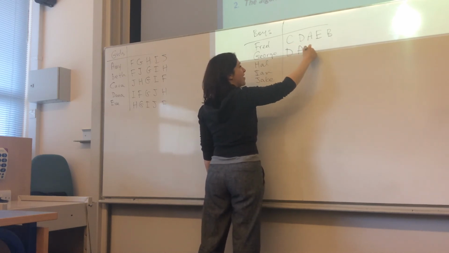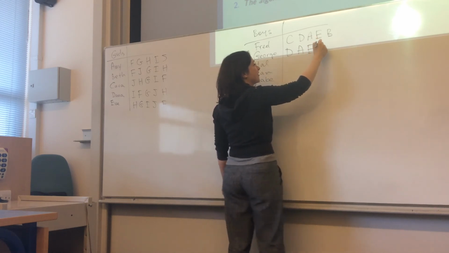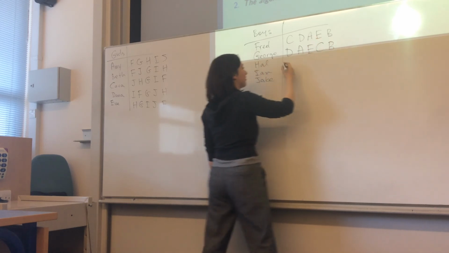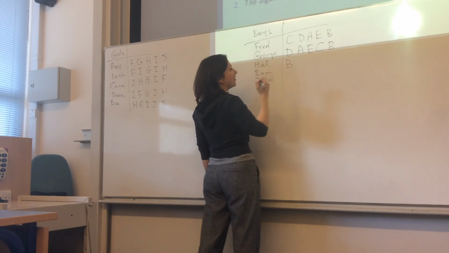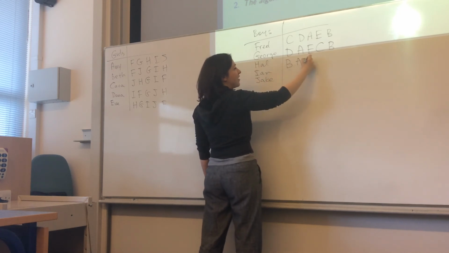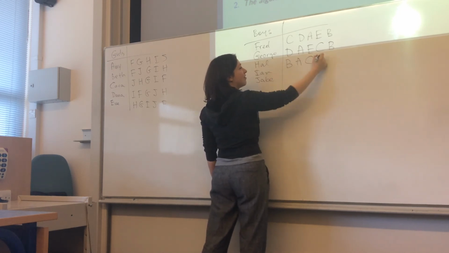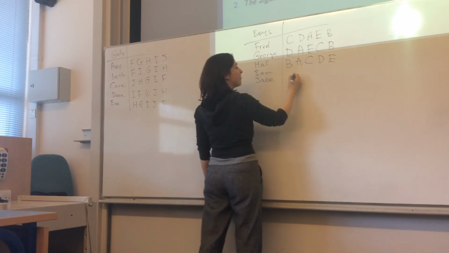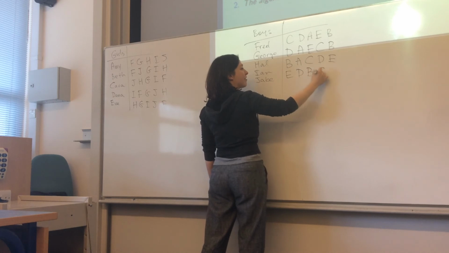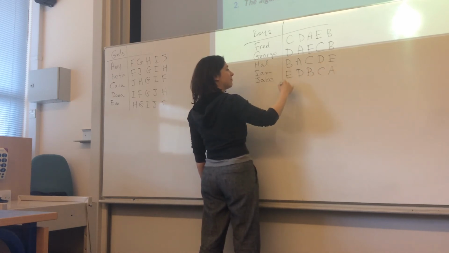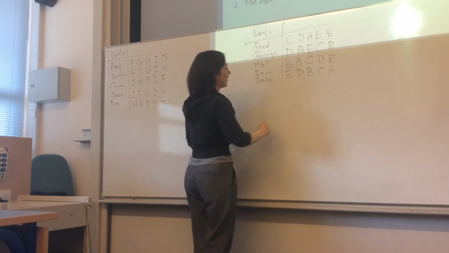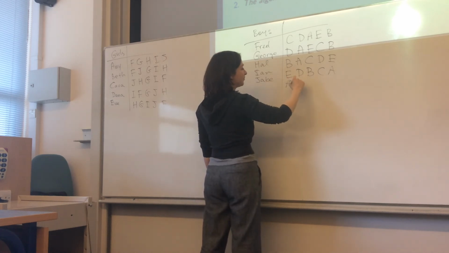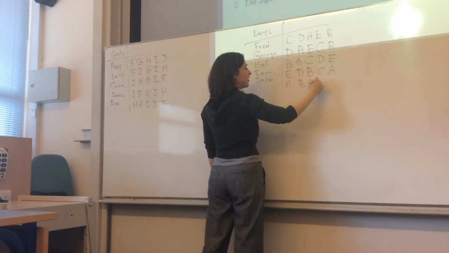Dana, Amy, Eve, Cara, Beth. Okay. Amy again. Cara, Dana, Eve. Dana, Beth, Cara, Amy. Amy, Beth, Dana, Cara.